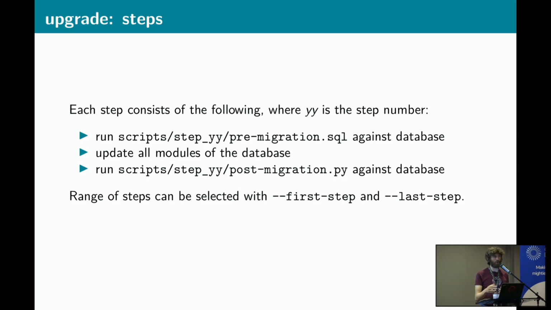For example, at the start, we use the post-migration script to uninstall some modules that we don't need, and at the end, install new modules or something like that. So you're free to do whatever you want in these scripts. It should not replace the migration scripts that are in each OCA module or your custom module. Obviously, it's for more general things that you have to do for the migration to succeed.